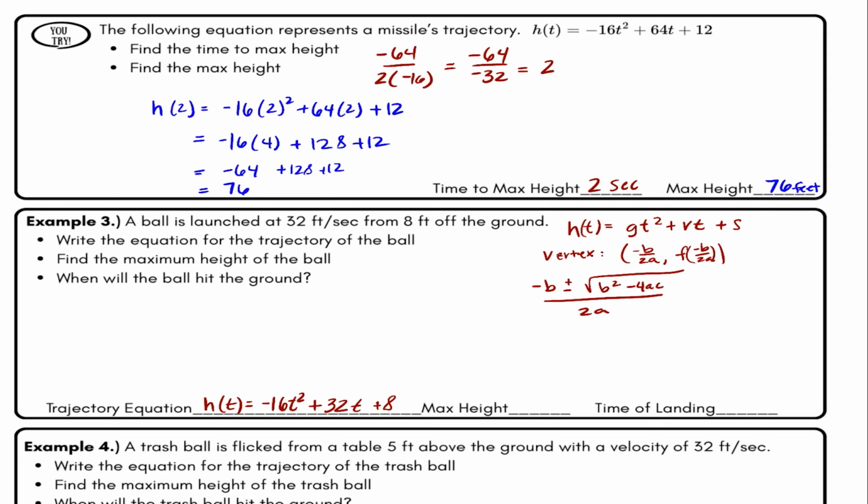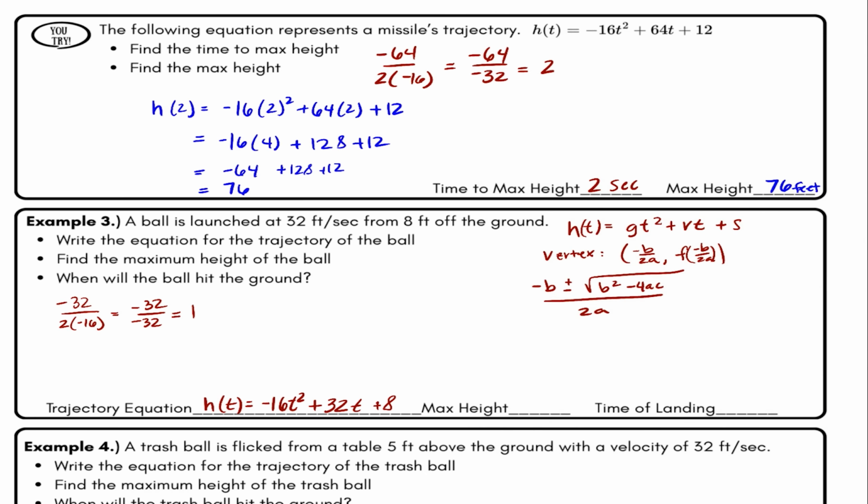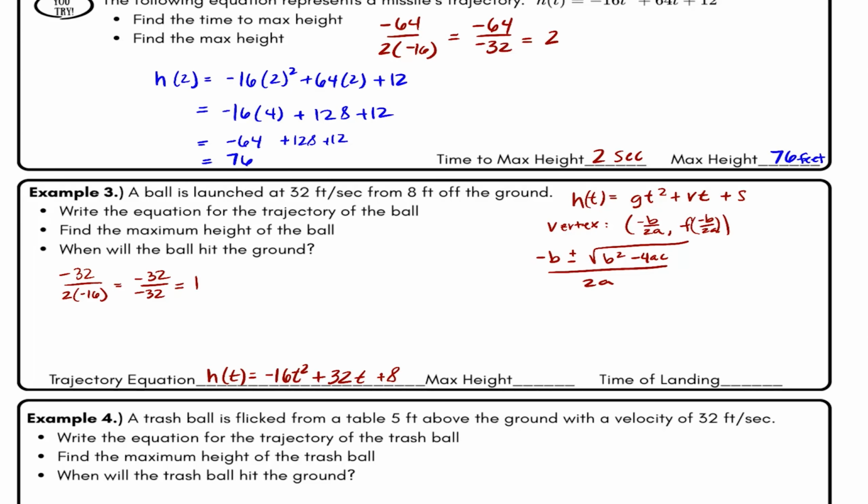So we're going to find our vertex. b is 32, so it's going to be negative 32 over 2 times a, which is negative 16. So that's negative 32 over negative 32, which equals positive 1. Now, that is not our maximum height. That is the time it takes to reach the maximum height. So in order to find the maximum height, we need to take that 1 and substitute it into the equation.